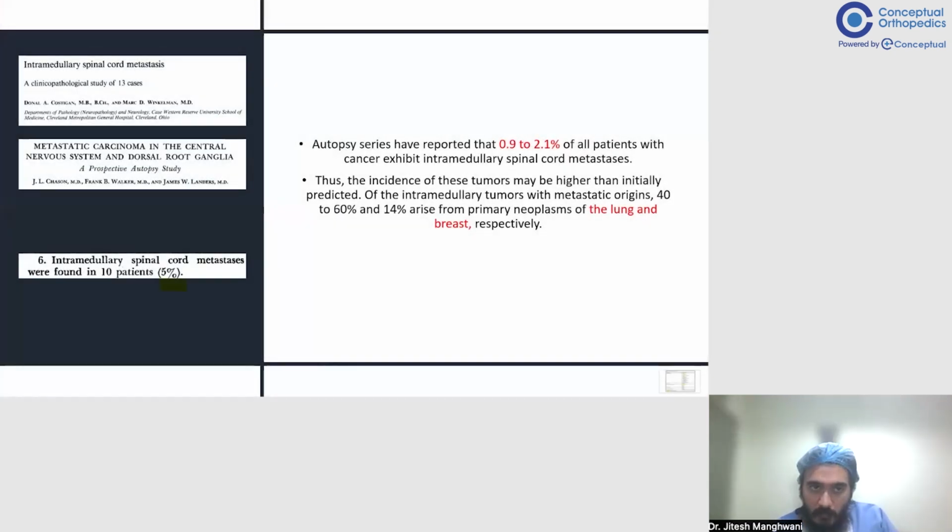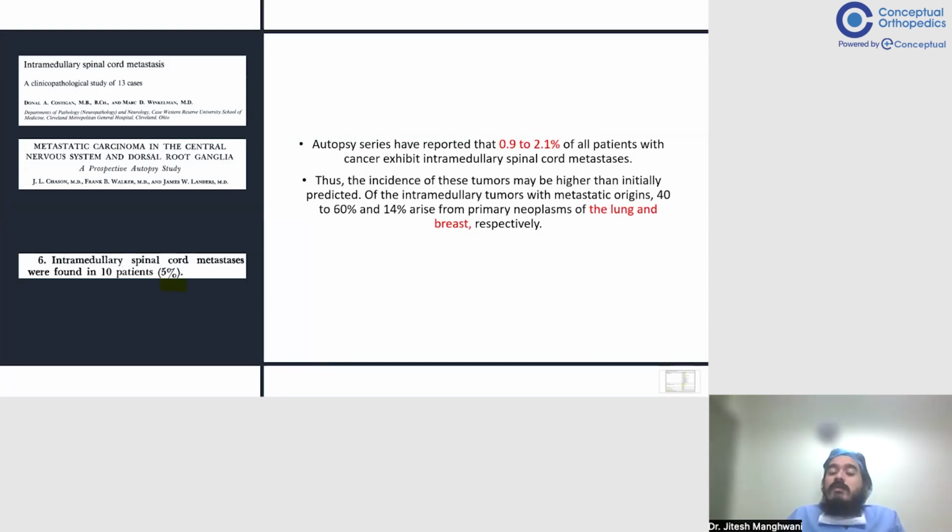Now, whenever we talk about these intramedullary spinal cord tumors, research has said that the prevalence of these tumors is higher than what was originally thought. Why so? Because autopsy has revealed that 0.9 to 2.1% of the patients with cancers exhibit intramedullary spinal cord metastasis.